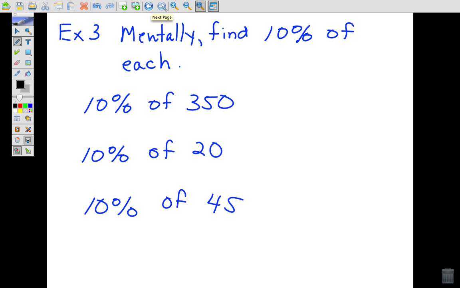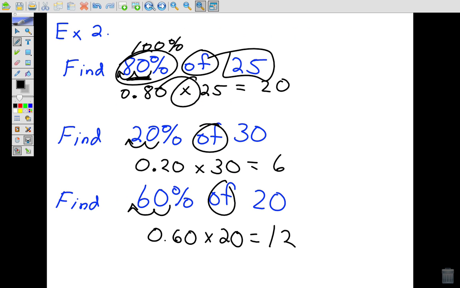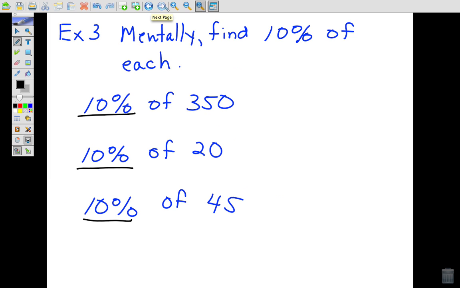Now, the last topic we have here is doing some of these things mentally. Now, 10%, when you take 10% of something, it's really easy. You certainly could do these exactly like example 2, except really you don't have to, because whenever you take 10% of something, you should say, hey, this is easy to do mentally. All you do to take 10% of a number is you locate the decimal point.